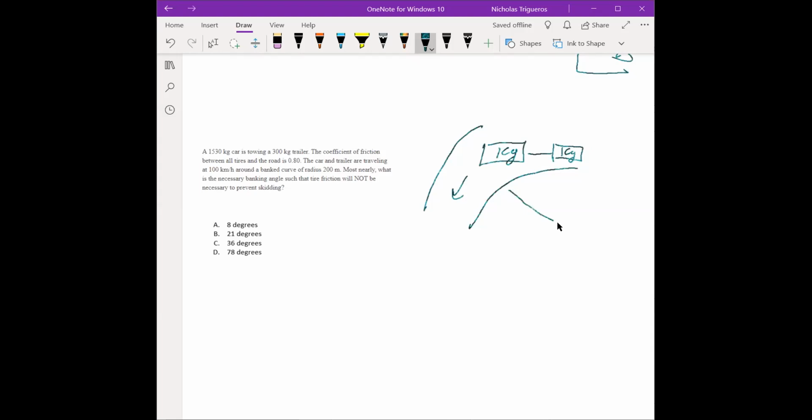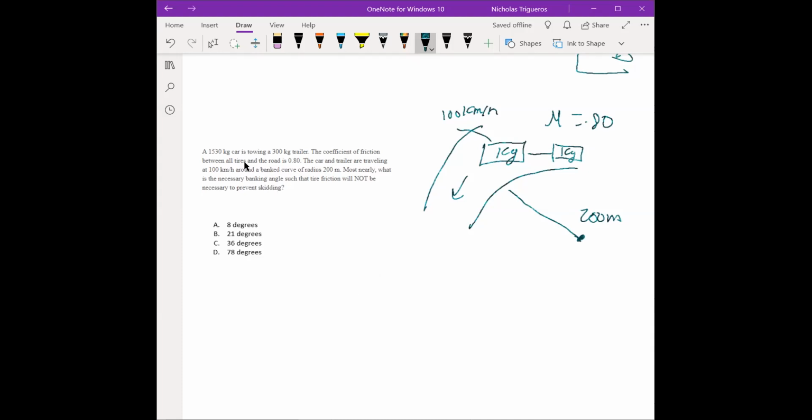This curved road has a radius of 200 meters. We have a coefficient of friction equal to 0.80. And it's traveling at 100 kilometers per hour. What is the banking angle required such that the tire friction will not be necessary to prevent skidding?